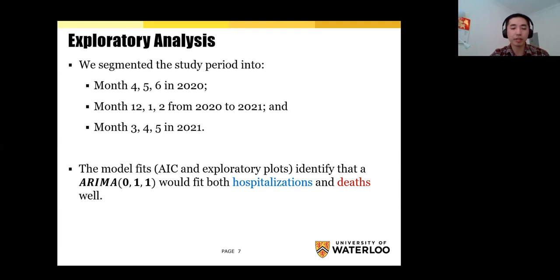The model selection criterion we are using here is the Akaike information criterion, the AIC, as well as some visualizations to see if you can actually tell that this model on the graph is the best.